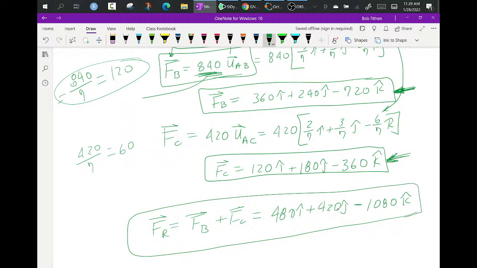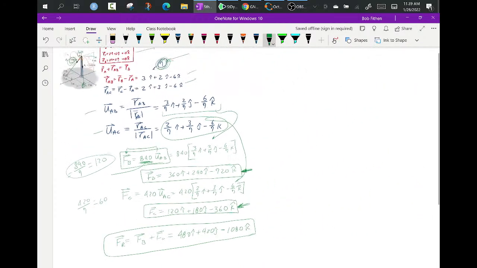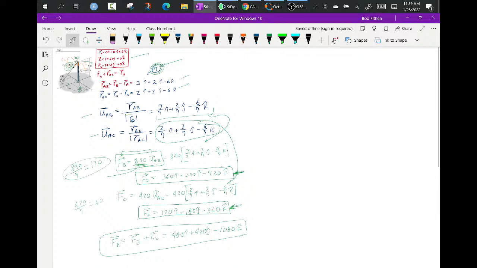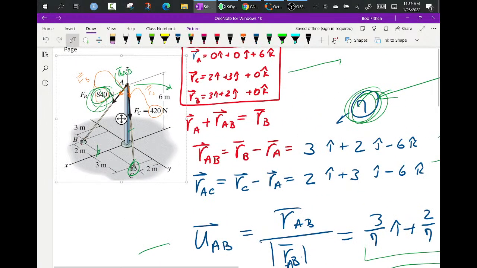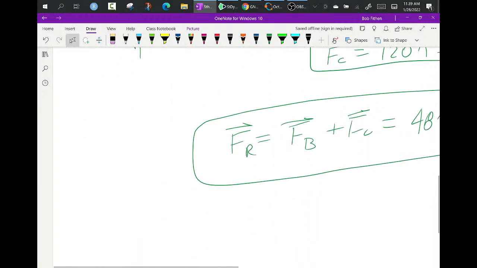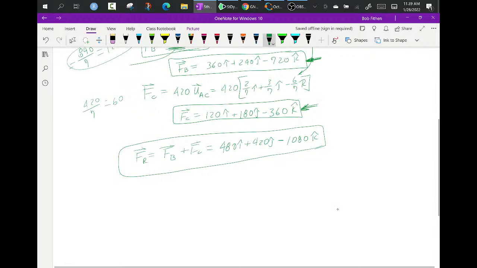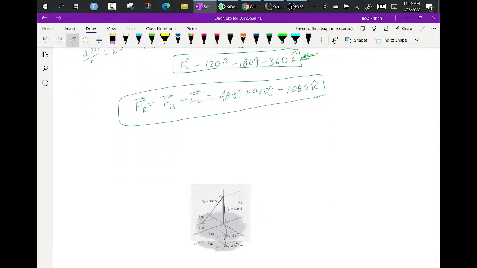Now, what else can we do that he didn't say we should do? One of the things we could do is we could say, hey, so this is the force, right? So what is the equivalent force? If I took this picture, did a copy, went down here, and said, I can't do it.